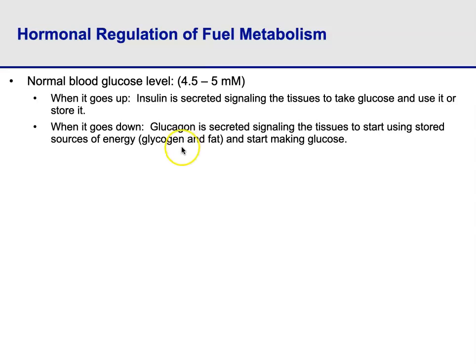So for that reason, the body will focus on breaking down glycogen and breaking down fat so that we can use it for energy, glycogen so that we can generate glucose for the brain and the rest of the tissues that need it. And also fat, in extreme circumstances, can be used for ketone bodies production, which is an excellent replacement as an energy source for glucose. But we'll talk about that a little later.